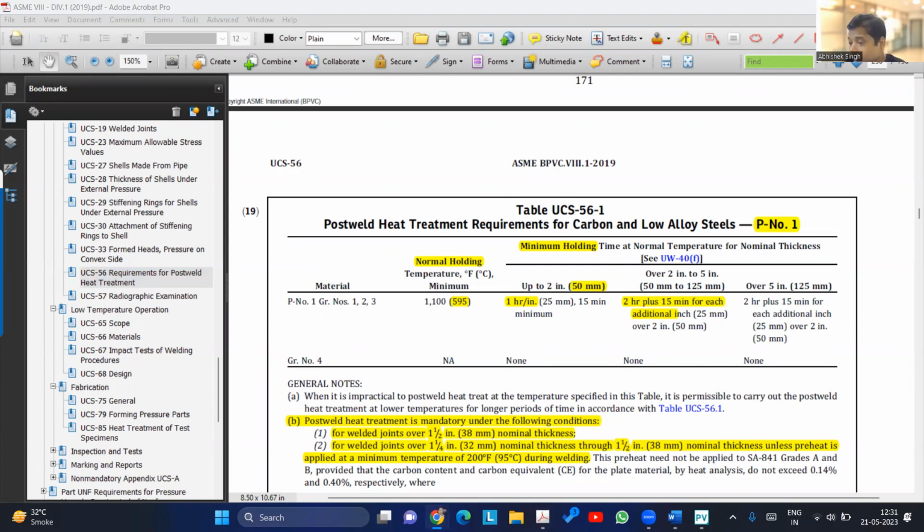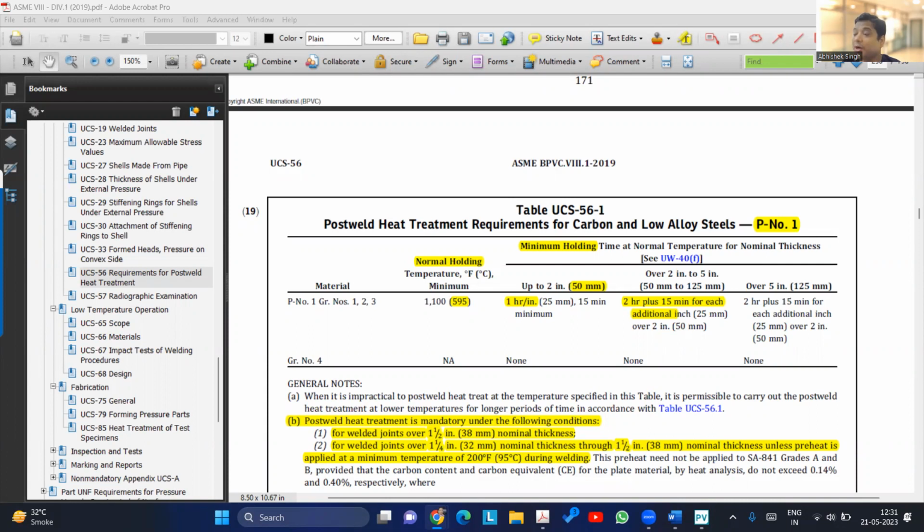Thank you. The next question is why generally MAWP is considered as design pressure in the heat exchanger. For heat exchanger, there is a minimum thickness requirement as per TEMA. In many cases, it may happen that your design thickness required is very less, but you are providing very high thickness because of the minimum thickness required as per TEMA.